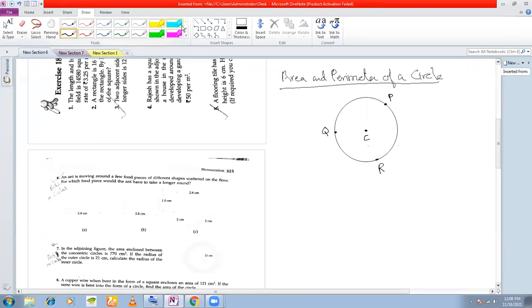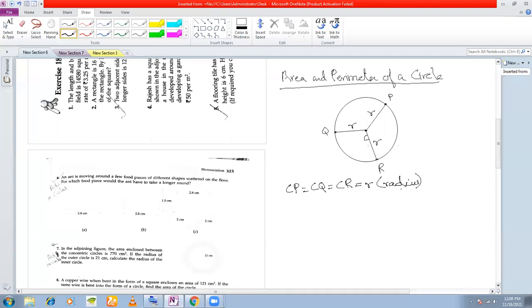And if you join C with that point, all these are called radii or radius of the circle. So CP, CQ, CR, let's say, is equal to R. And this we call the radius.